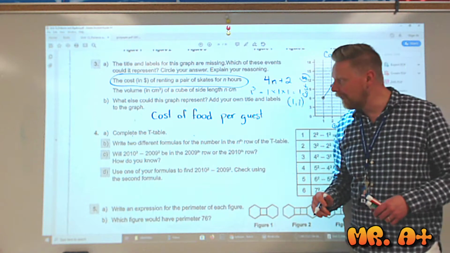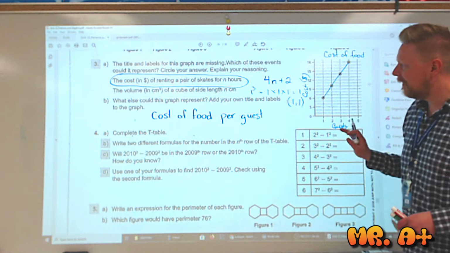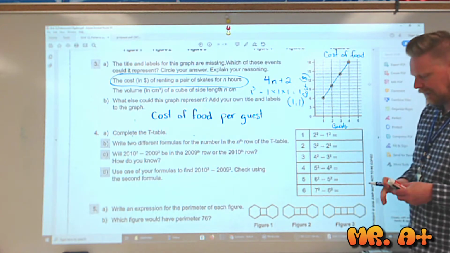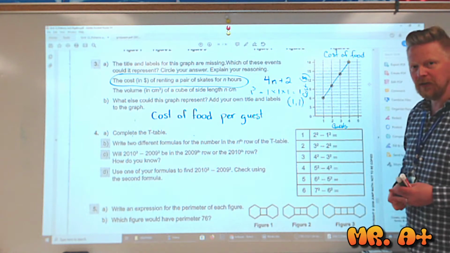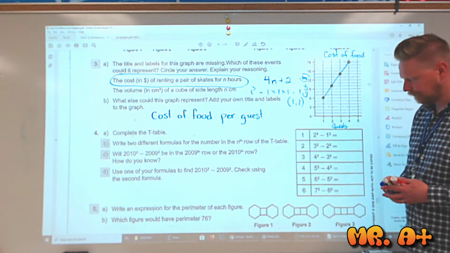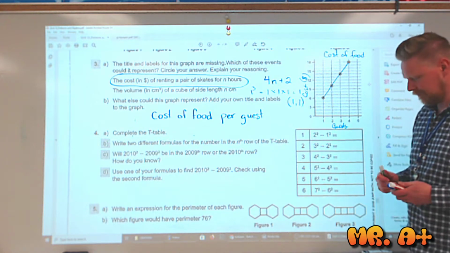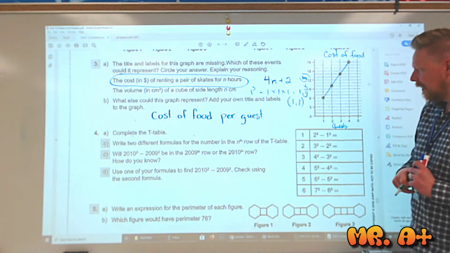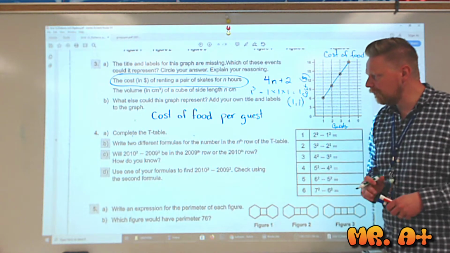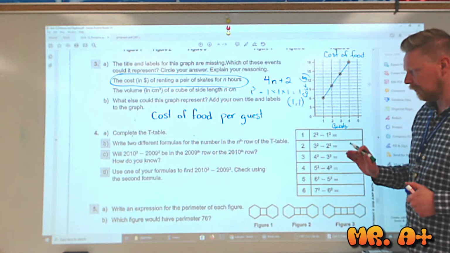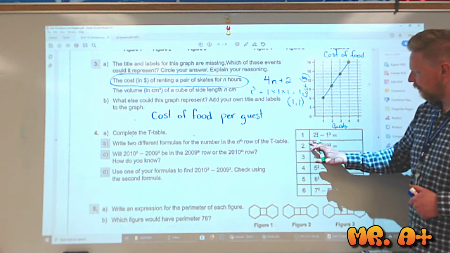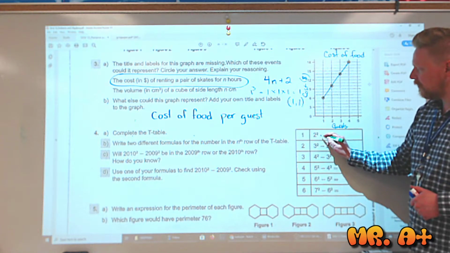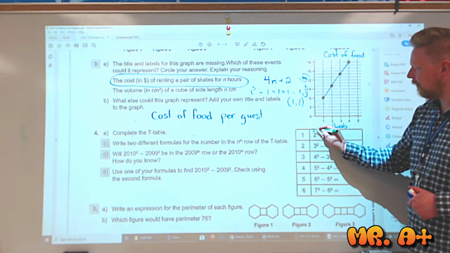Let's check out number 4. Complete the t-table. Now the t-table down here requires you to use exponents, squares, sorry, numbers squared. Now this says write 2 different formulas for the number in the nth row of the t-table. So first we have to actually complete this t-table here. 2 squared is like 2 times 2.